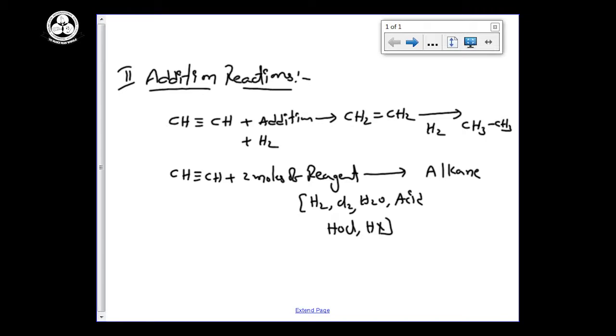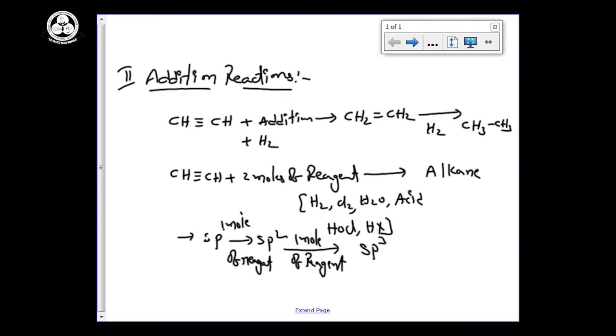Here, the change to observe is that sp carbon changes into sp2 carbon by addition of 1 mole of reagent, and with one more mole of reagent we get sp3 carbon.